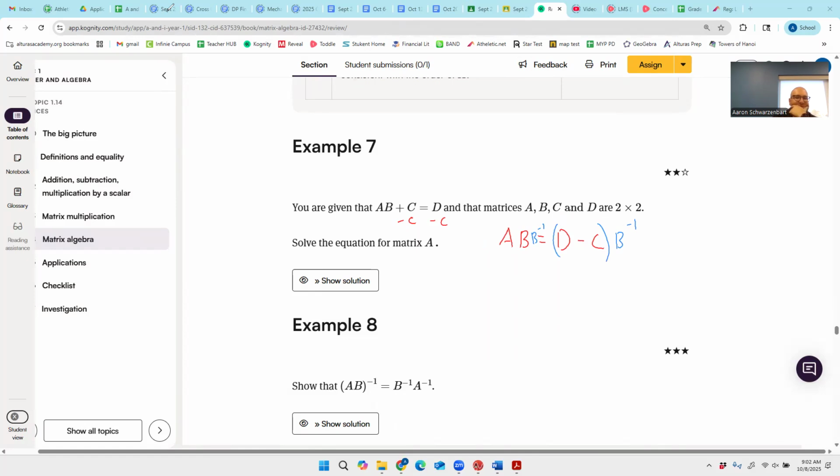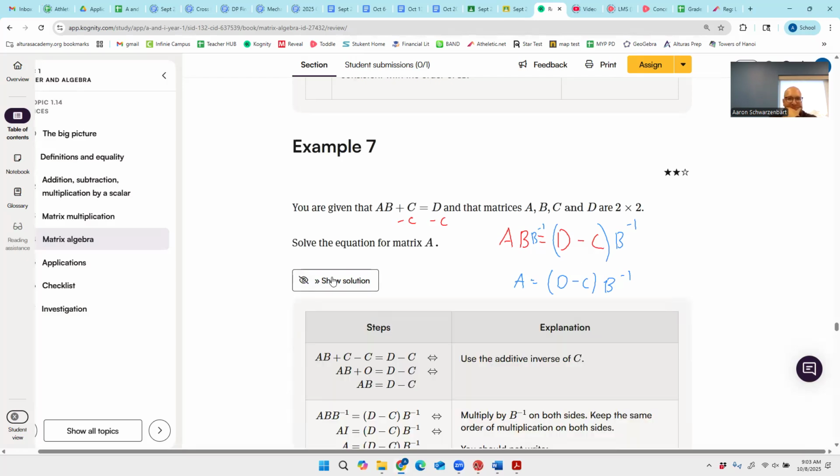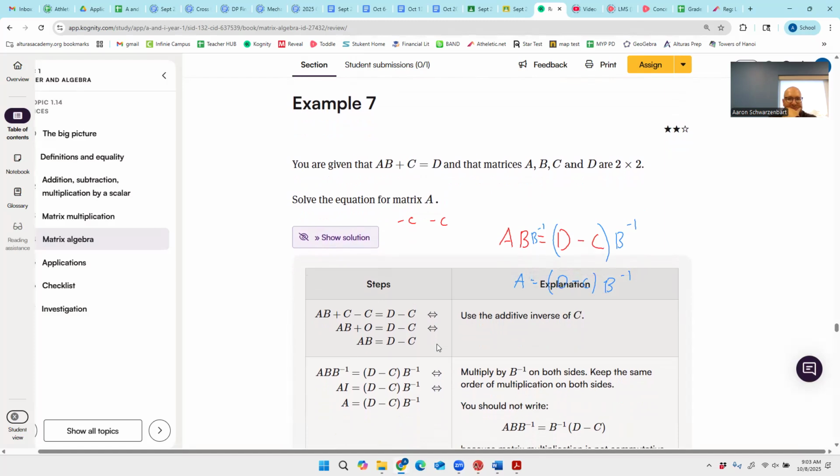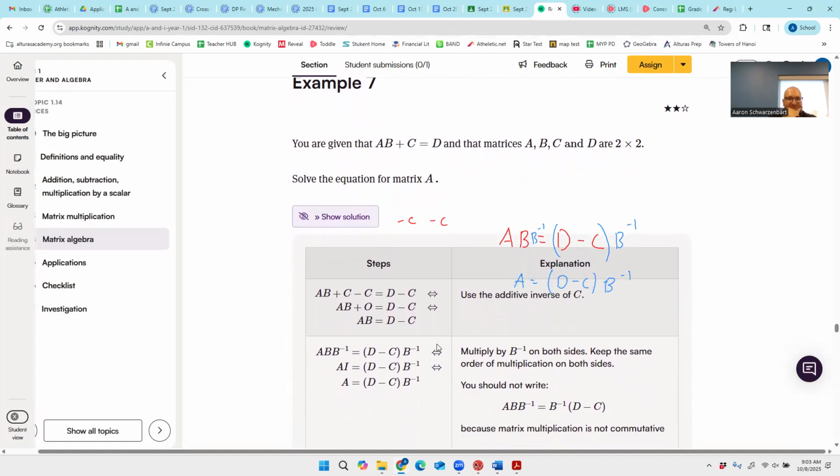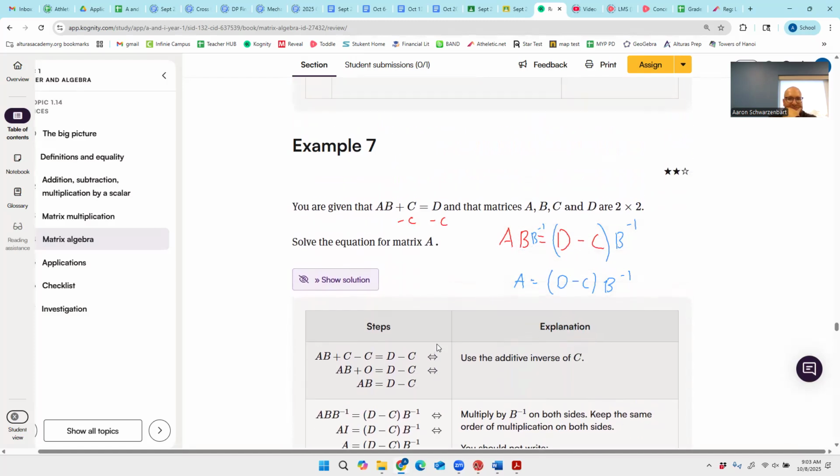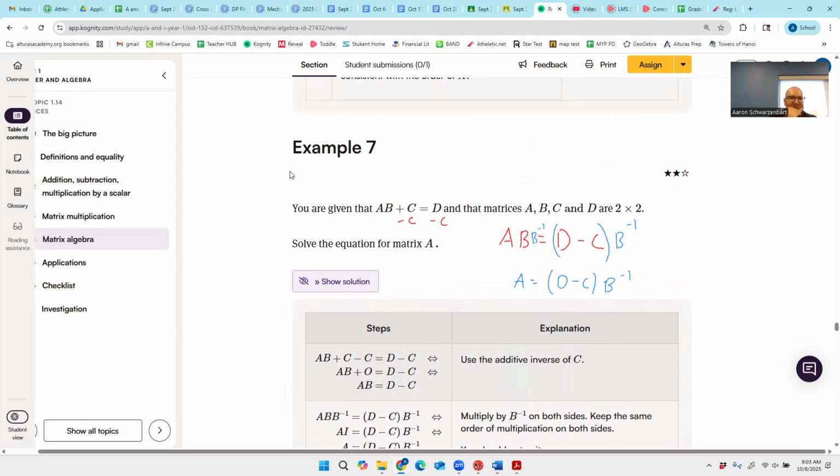So I get here A equals D minus C times B inverse. Has to be in that order. That makes sense. It's pretty simple.